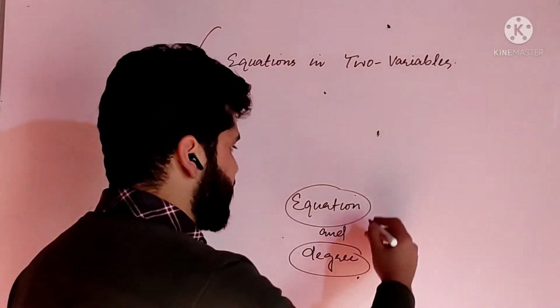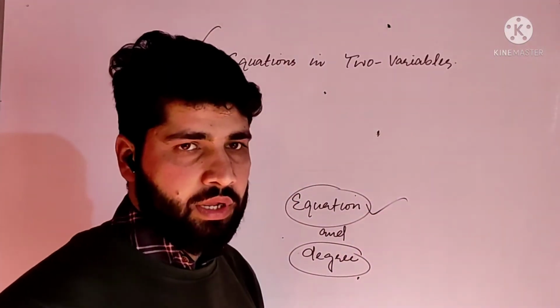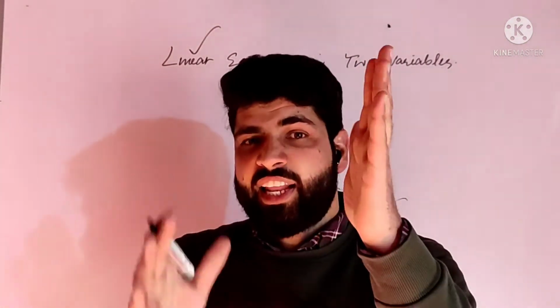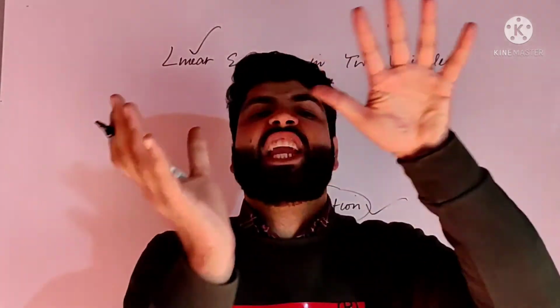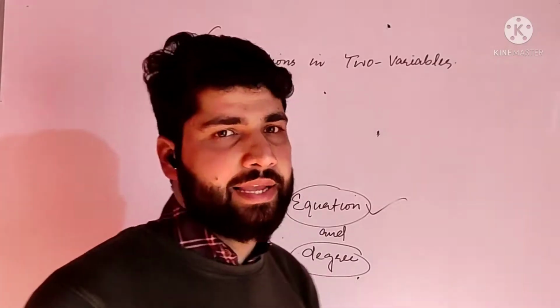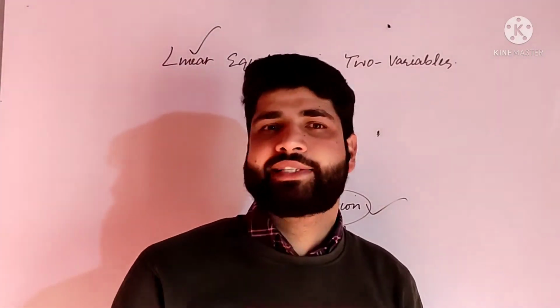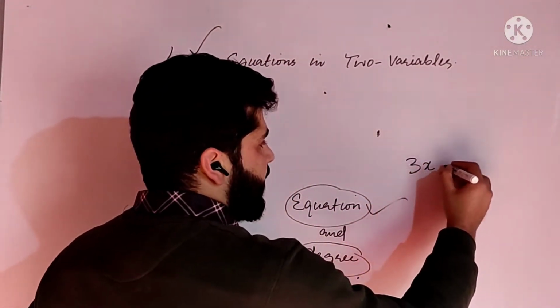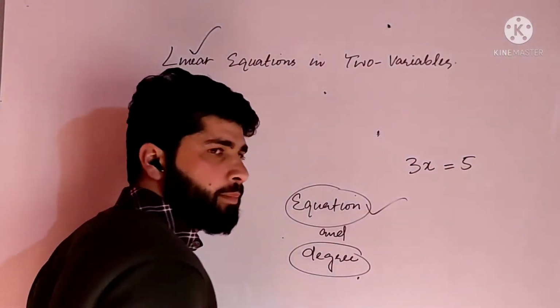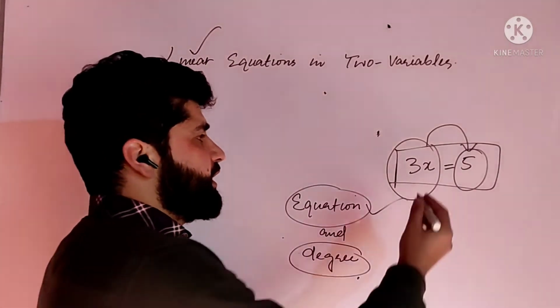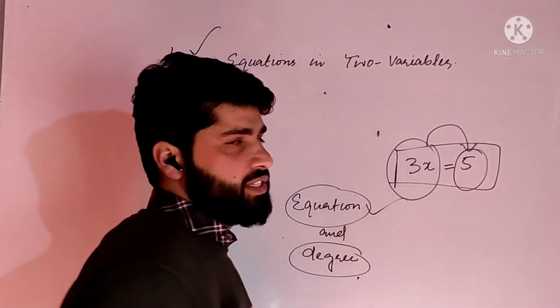So first we understand what an equation is. An equation is simply any statement in which one quantity is equated to another by means of an equality sign. Let's consider an example: 3x is equal to 5. This is a statement in which 3x is equated to 5.